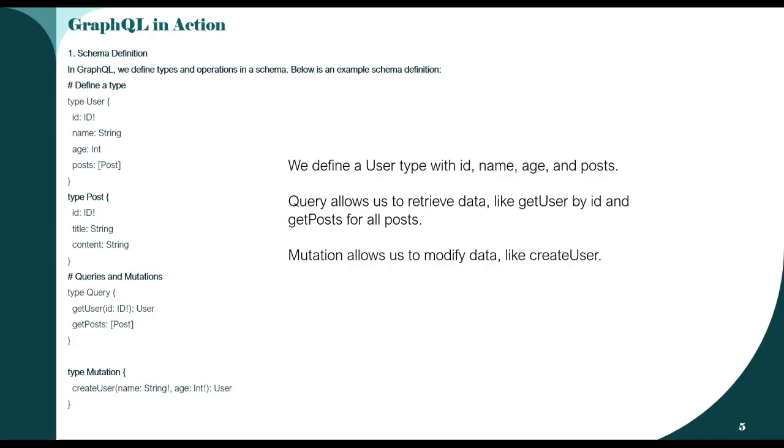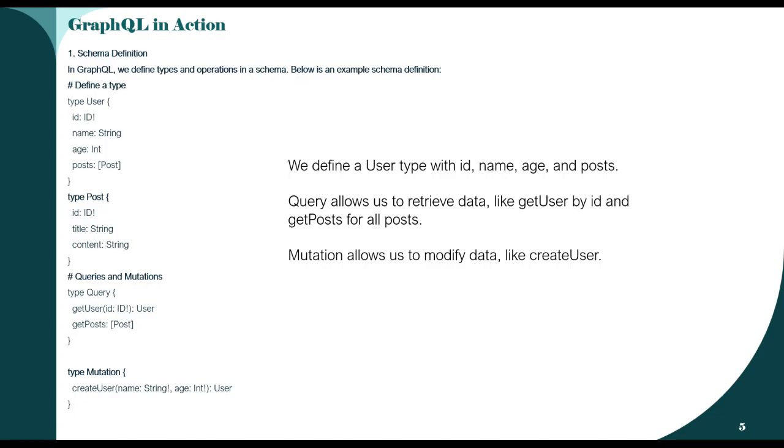Now, in the previous slide we discussed the schema definition, where we define the types and operations. Here is an example: ID, name, age, and posts, and then we have defined posts with ID, title, and content.